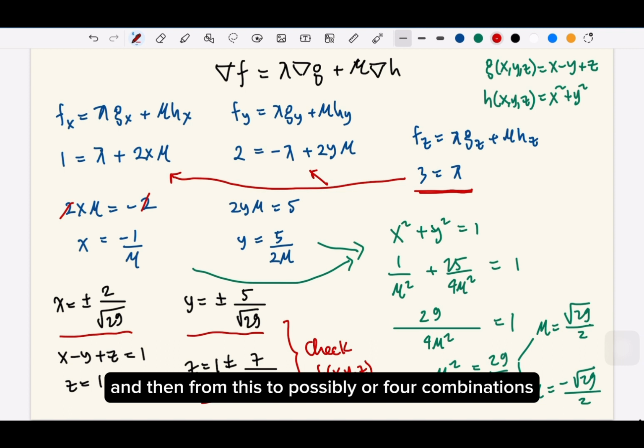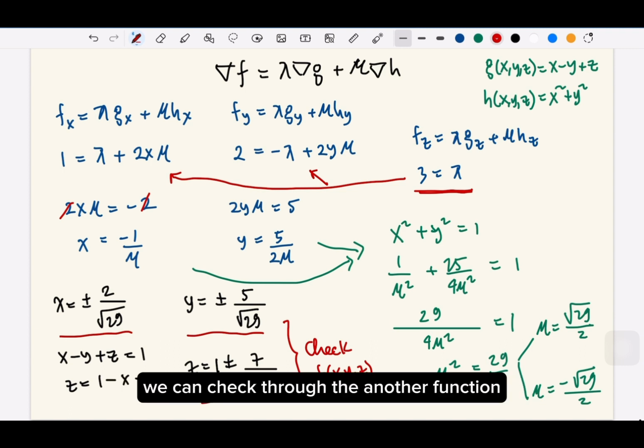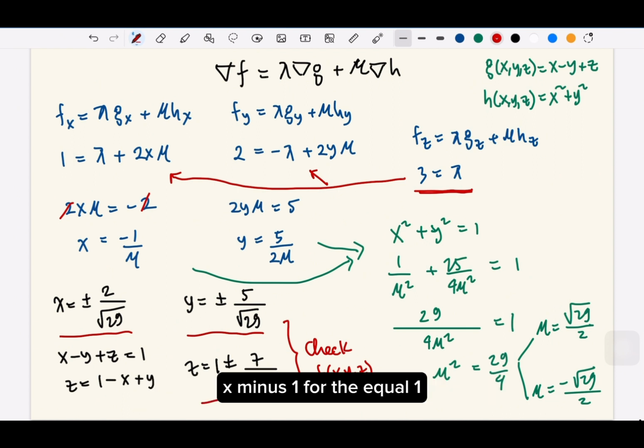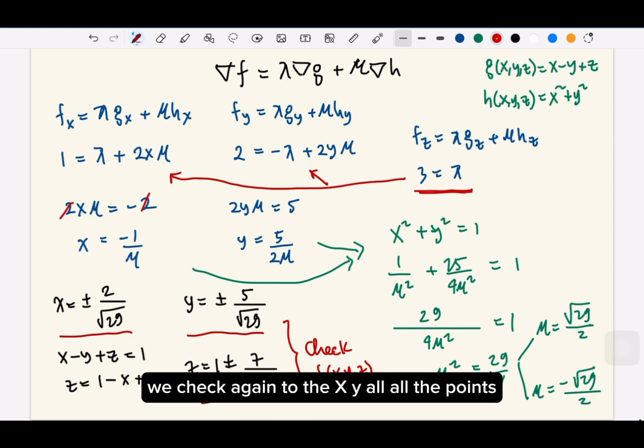And then from these two possibilities, or four combinations, we can check through the other constraint, x minus y plus z equal 1. So we can get z. So z also has 1 plus minus. So from x, y, and z, we check all the points, all the possibilities, again. Which one is maximum, which one is minimum?